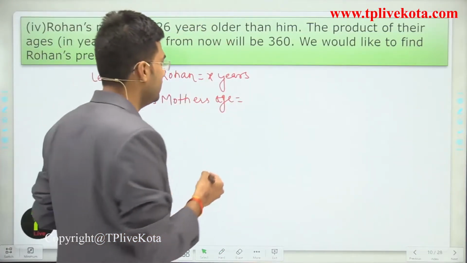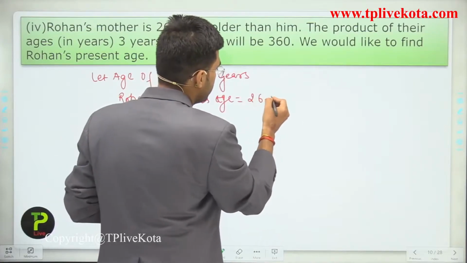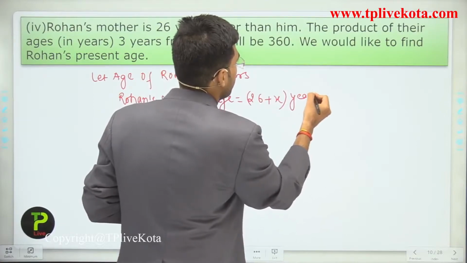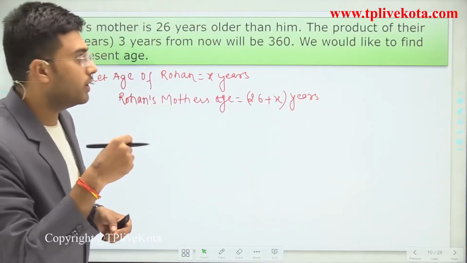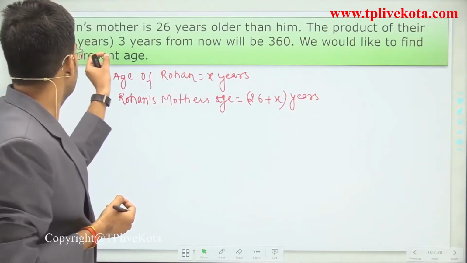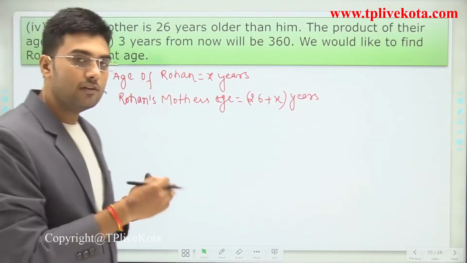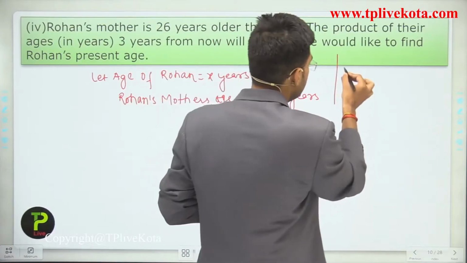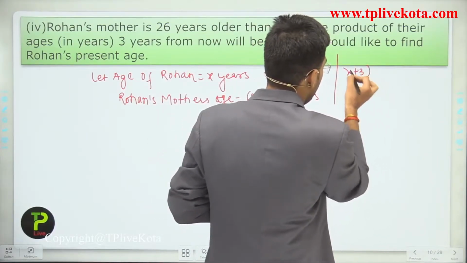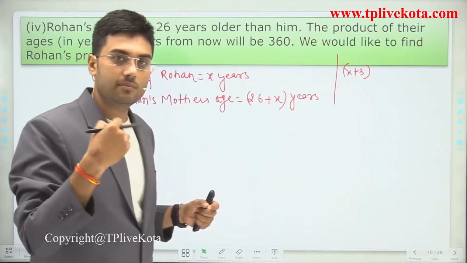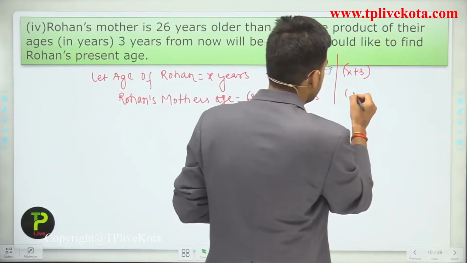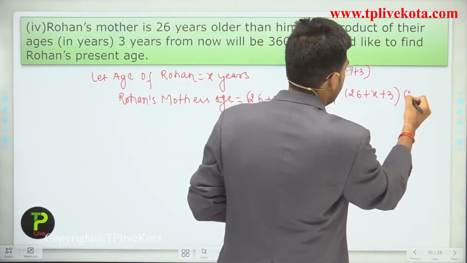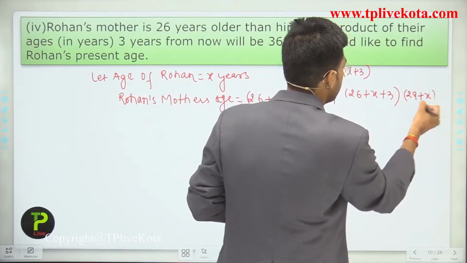So first of all, let the age of Rohan be x years. Clear? Now his mother's age is 26 plus x years. The product of their ages 3 years from now. After 3 years, Rohan's age is x plus 3, and his mother's age is 26 plus x plus 3, that is equal to 29 plus x.